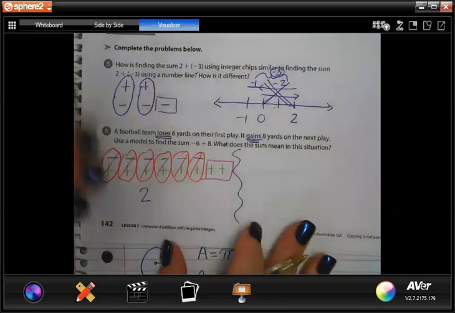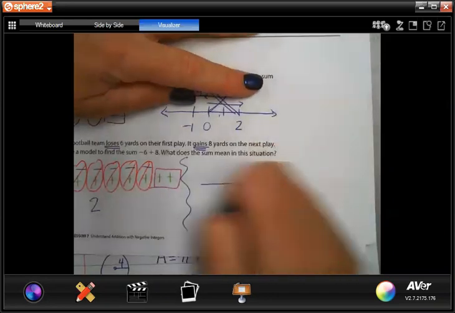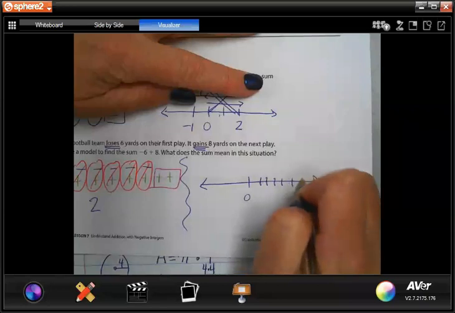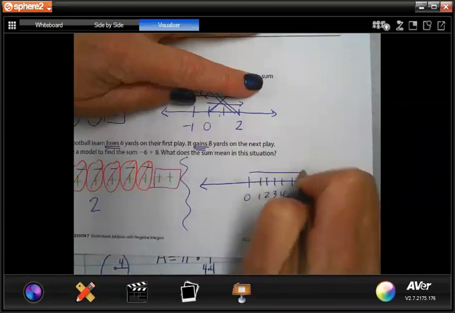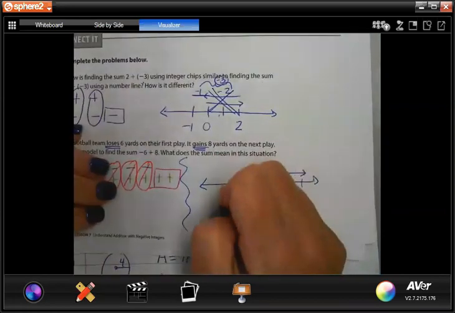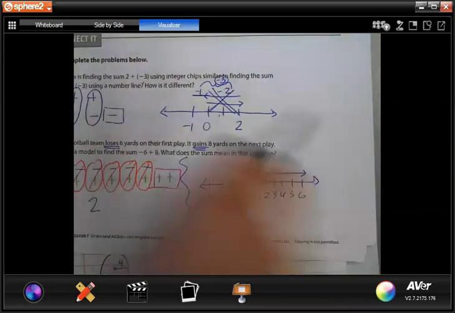If I was doing this on a number line, okay, I would start at 0 and I'd go up to 6. 1, 2, 3, 4, 5, 6. But then I add a -8 from this point.